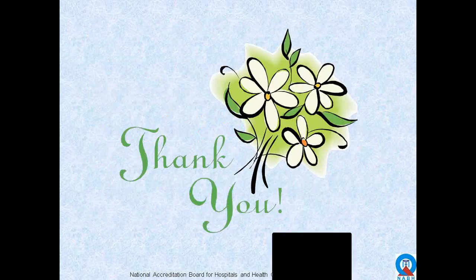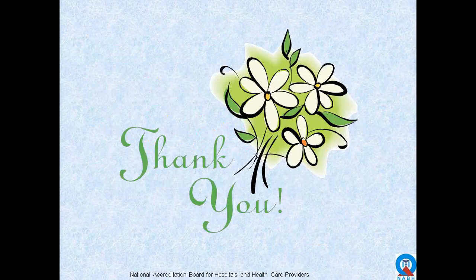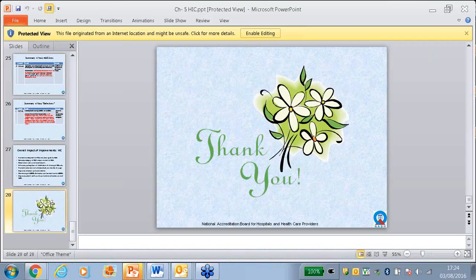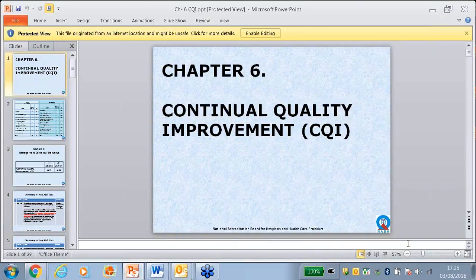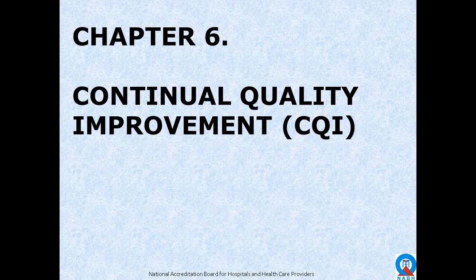So with this, I think we come to the end of HIC, and then the next one will be on CQI. I think after that we can go for continuous quality improvement.